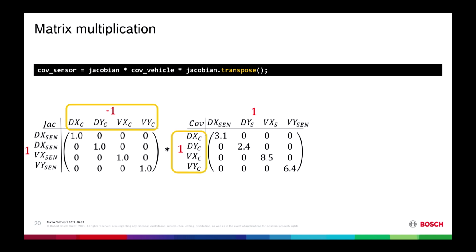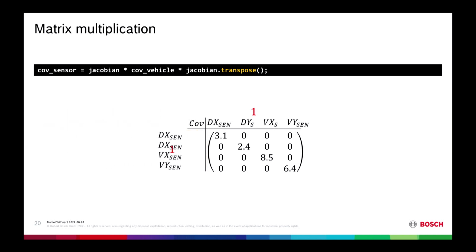And now the same operation is done on the left-hand side. So we're again checking that the indices in the orange boxes match up and that the exponents are the sign inverse of each other. And if this is the case, again, the indices cancel out and we end up with the row indices from the left-hand side Jacobian that is now being moved over to the middle in the covariance. And now we can already see that we end up with a covariance in sensor frame. So all the indices are in sensor frame now.